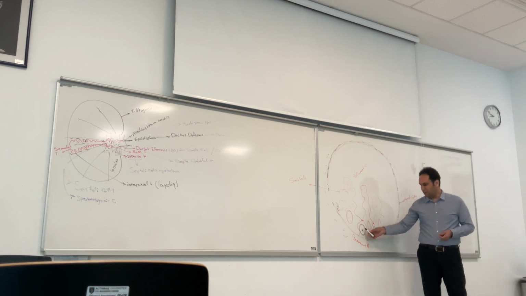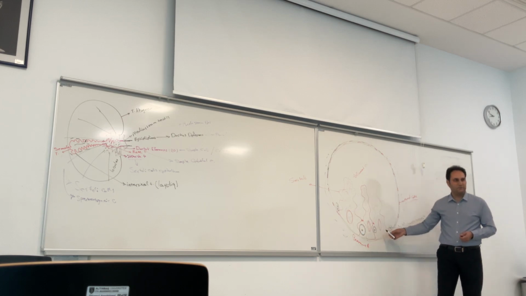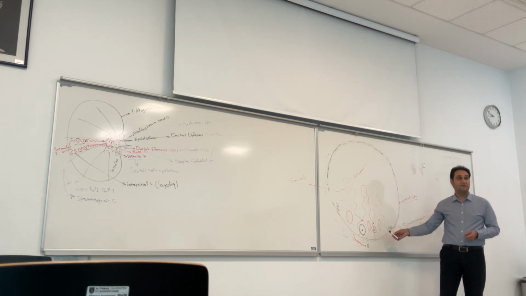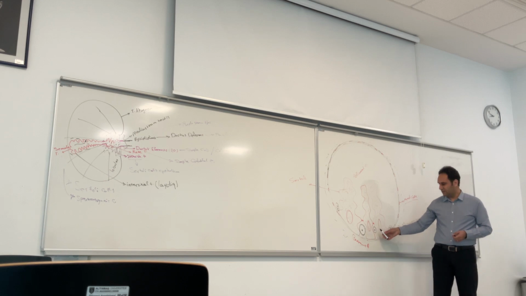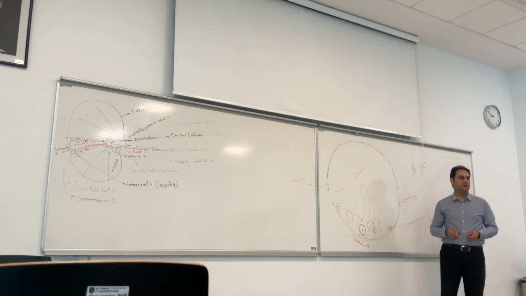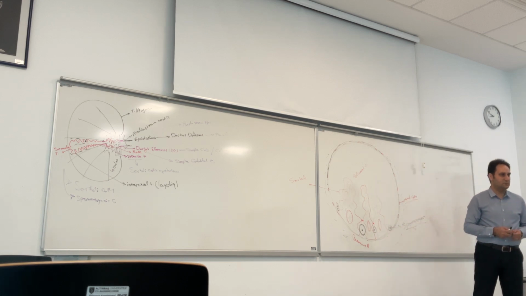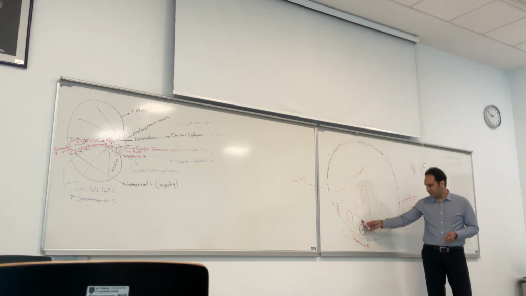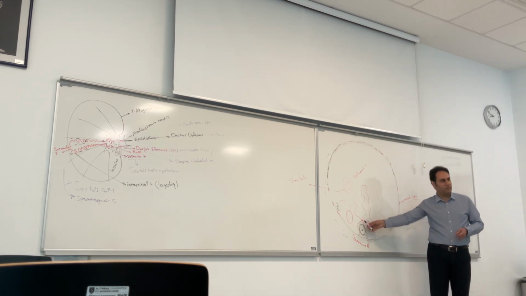But during meiosis division, these cells need protection from the immune system. When the spermatogonia start meiosis, this connection opens between the Sertoli cells.